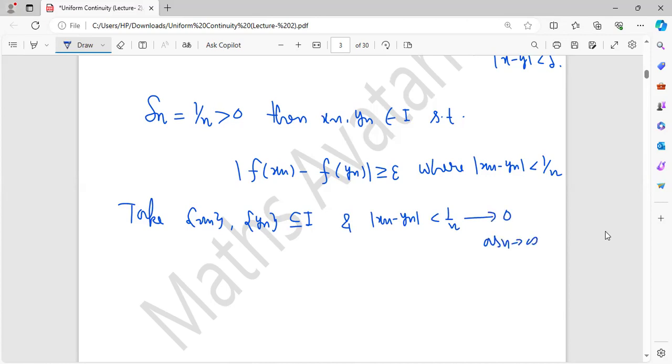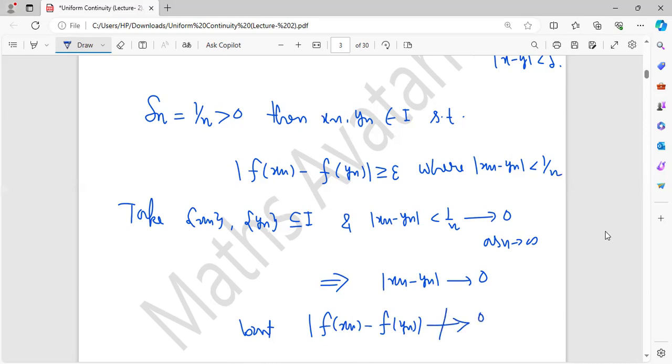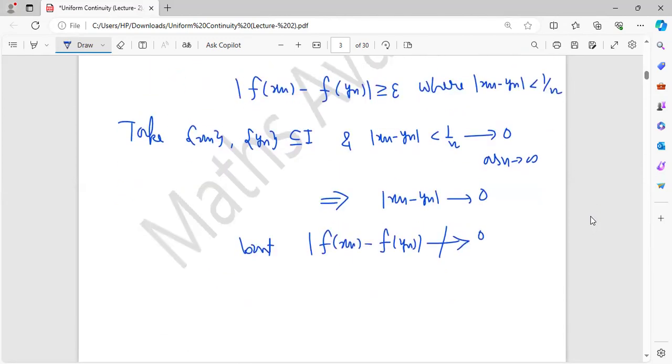So what does it mean? But f(xn) minus f(yn) is not tending to 0, because their difference is greater than or equal to epsilon. So this sequence cannot tend to 0.